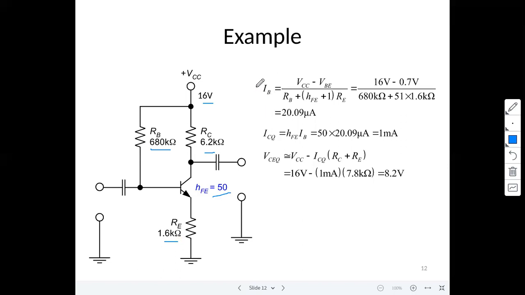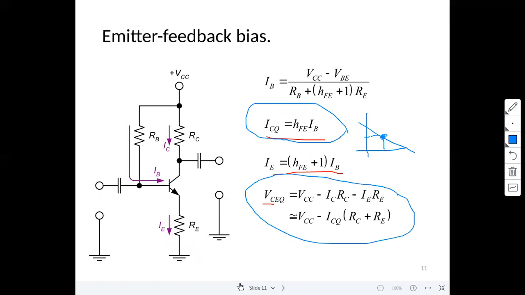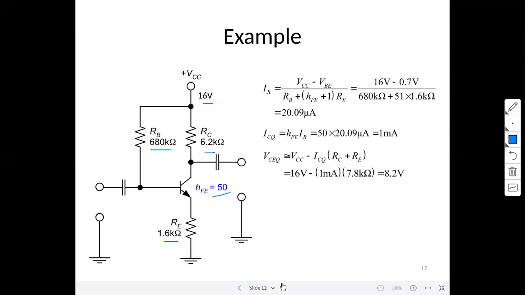Now for this one, according to all the previous input and output equations, observe here, IB is equal to (VCC − VBE) / (RB + (1 + β) RE).